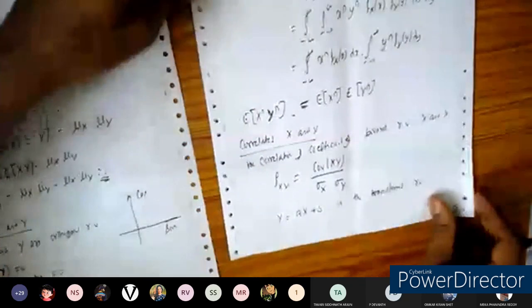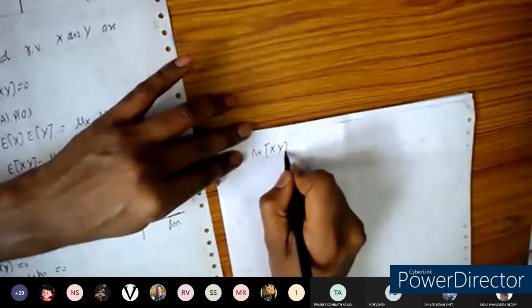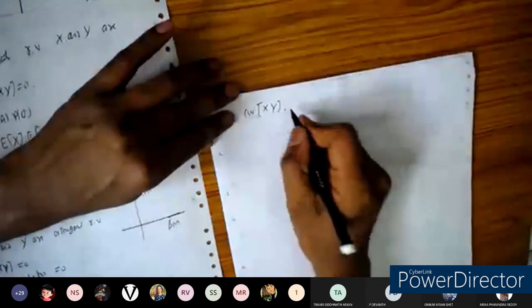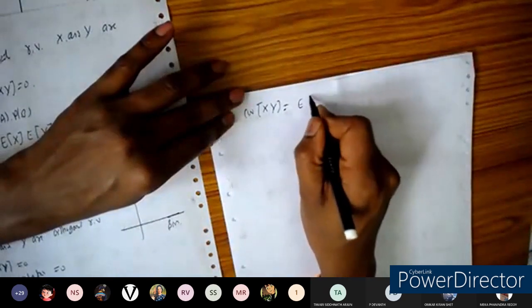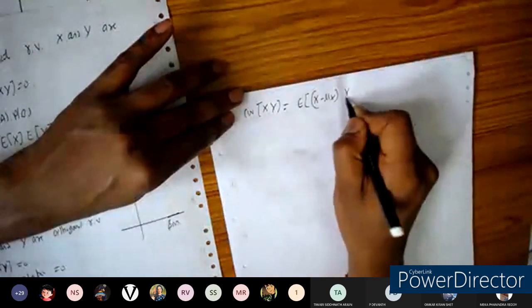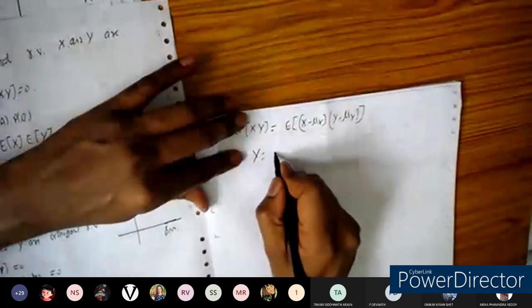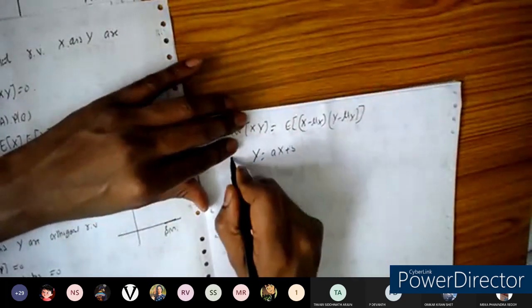Let us define the covariance of x comma y. We know that the covariance of x comma y is nothing but the expectation of (x minus nu x) into (y minus nu y). But we have y is equal to ax plus b.